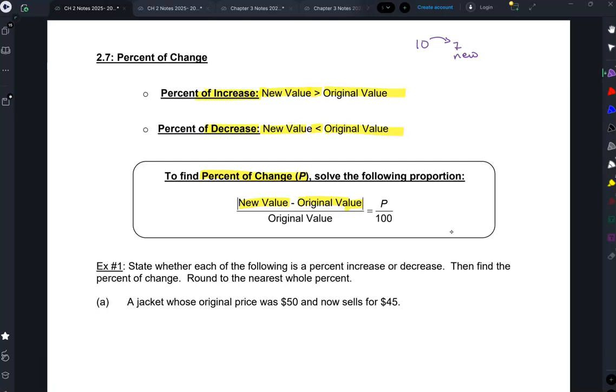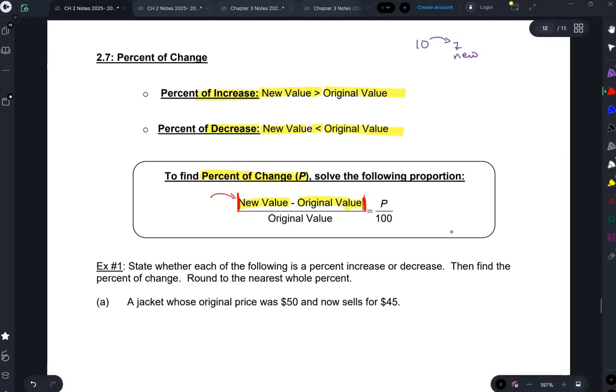Negative, right? If you do 7 minus 10, you get negative. But you shouldn't get a negative number. That's why we have these absolute values. So you do 7 minus 10, you get negative 3, but then you just take the 3. Another way of looking at it is, how much difference is there between 10 and 7? 3, right? And then we can just take that and mentally know it's a decrease or increase, okay?